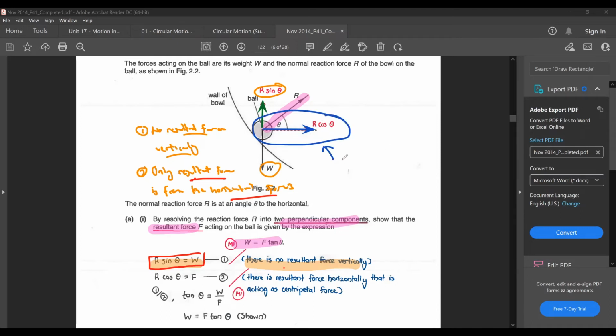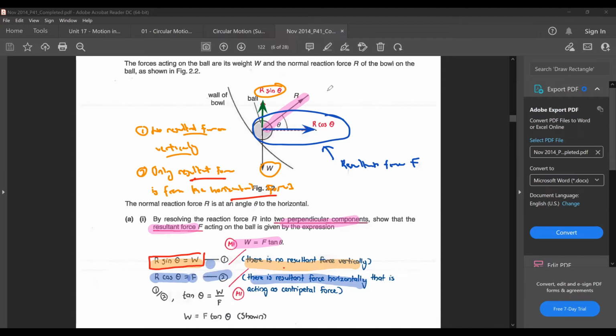So this R cos theta is actually the resultant force F. Here we can make a relation: F is actually R cos theta. Then this is our second relation.